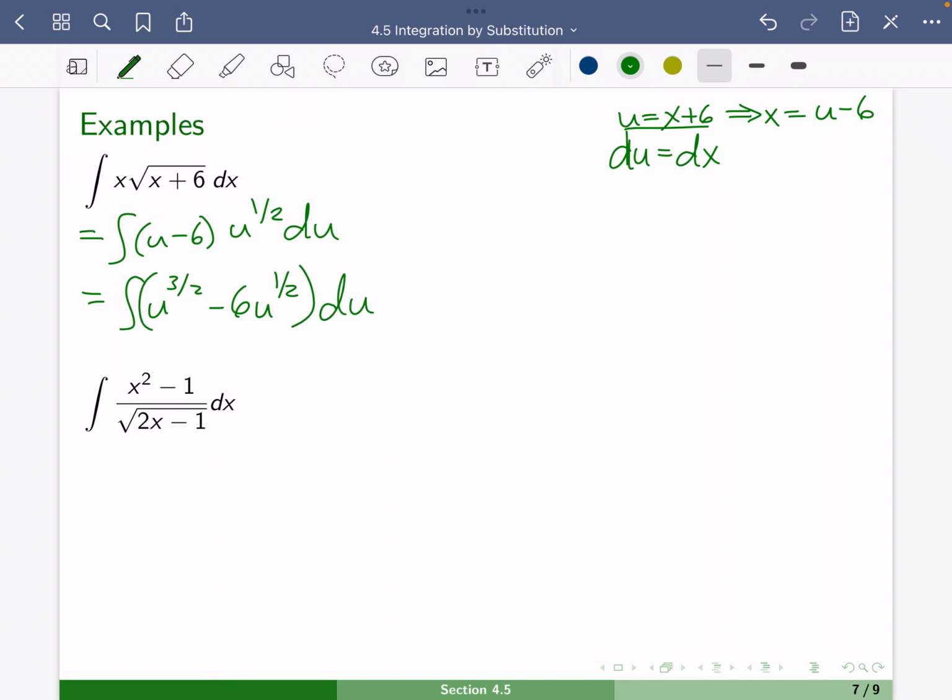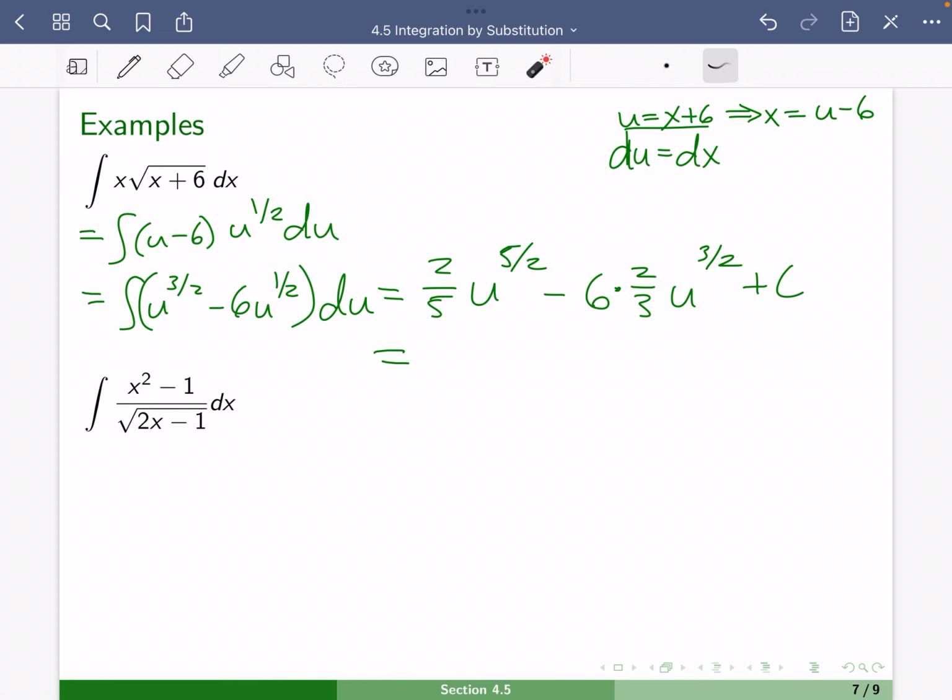du. And so to integrate this, we will add 1 to the power. We can separate these. So u to the 3/2, add 1 to the power, divide by the new power. For the u to the 1/2, that will become u to the 3/2. Divide by the new power, so we have 2/3, plus c. And then we need to change back to the original variable.